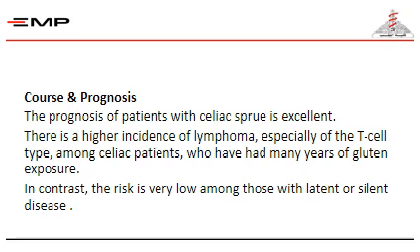In contrast, the incidence is very low if the disease is latent or silent. There is increasing evidence that strict adherence to a gluten-free diet substantially reduces the risk of subsequent lymphoma. Screening for lymphoma is not recommended unless suggestive symptoms develop.